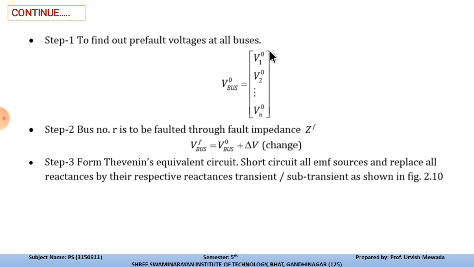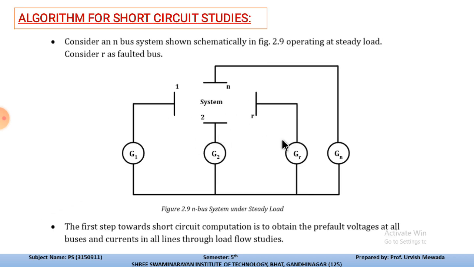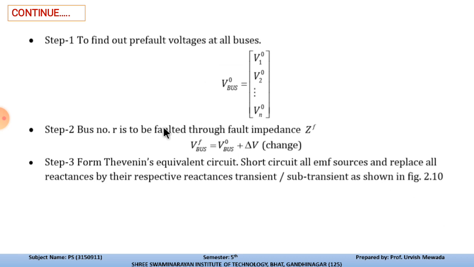After forming the matrix, in step number 2 the bus number r is to be faulted. Here we have considered bus number r as the point where the fault occurs. So in this step the bus number r is faulted through the fault impedance, which we indicate with Zf, the fault impedance.